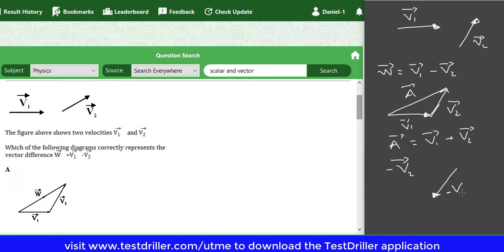This is minus v2. So how then do you combine this minus v2 with v1? You can break this down as v1 plus minus v2.